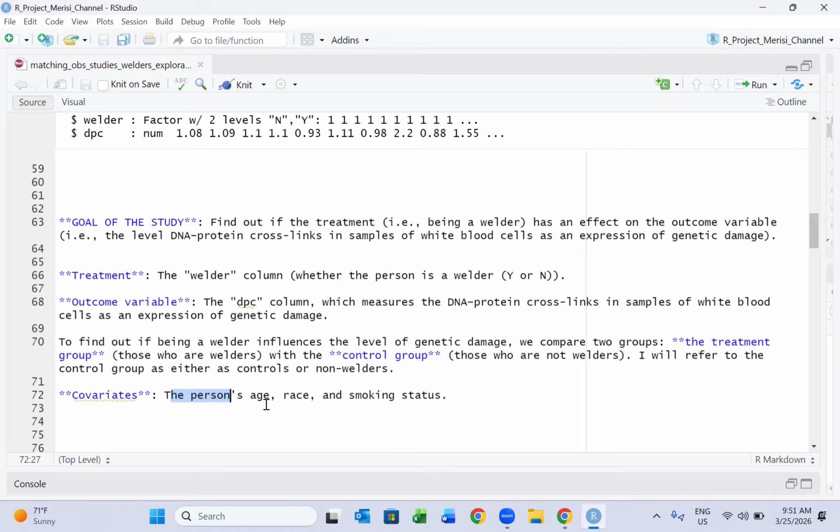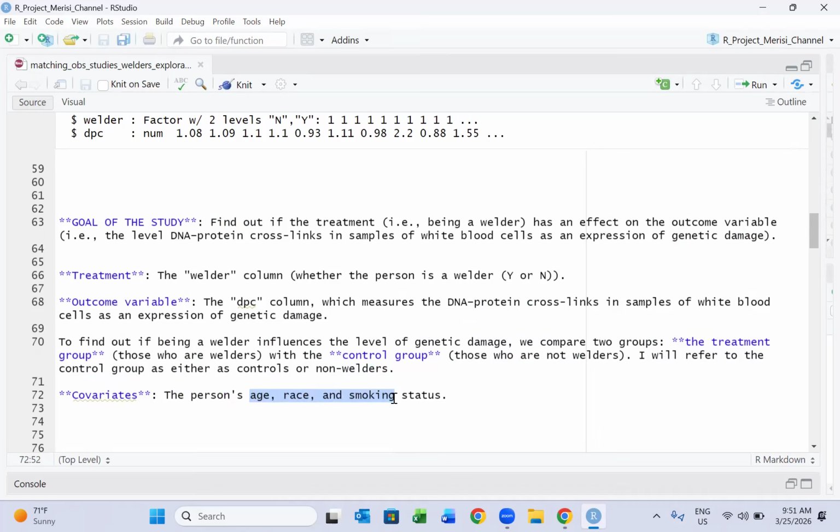If in a given problem you observe a relationship between the treatment and the outcome, meaning it looks like the treatment is affecting the outcome, the real reason for that could be one or more of the covariates. Okay, and that's something that we need to check for. In this problem, we have three covariates: age, race, and smoking status.